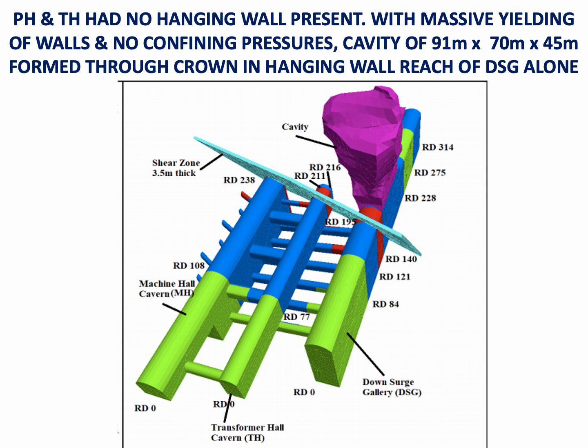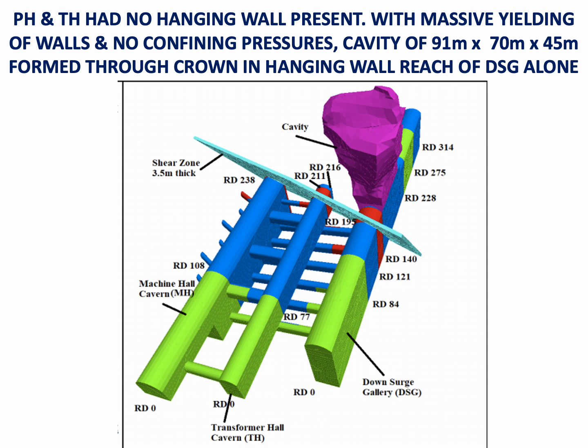Let me summarize the phenomenon happened in the Downstream Surge Gallery which led to the huge failure in the crown. Going through the prerequisites for a raveling failure of rock mass to happen, the only condition which was exclusively fulfilled in the Downstream Surge Gallery and was not present in the powerhouse and transformer hall caverns was that of cutting of the Downstream Surge Gallery in its middle reach right from much above the crown to the elevations down till the bottom of the cavern.